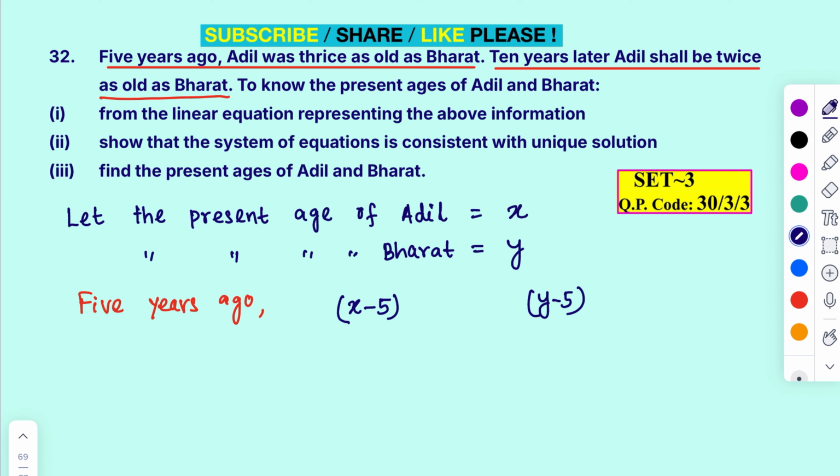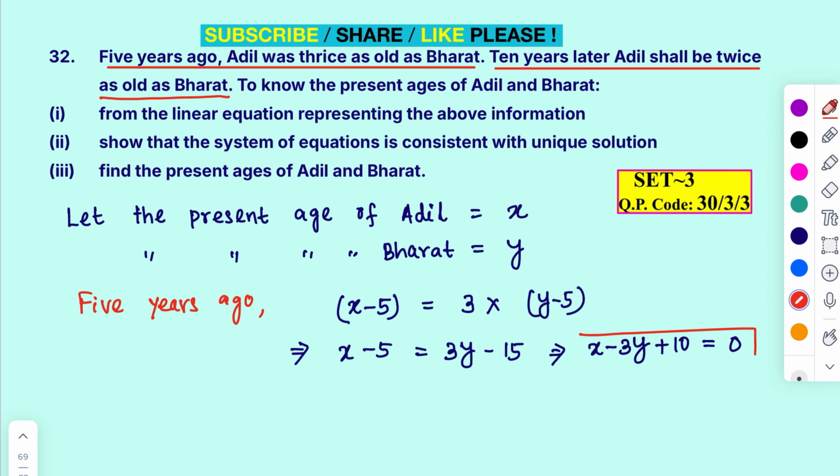And Adil's age was thrice as old as Bharat, that means 3 times the age of Bharat. So we can write this as x minus 5 is equal to 3y minus 15, or x minus 3y plus 10 is equal to 0. This is the first linear equation.